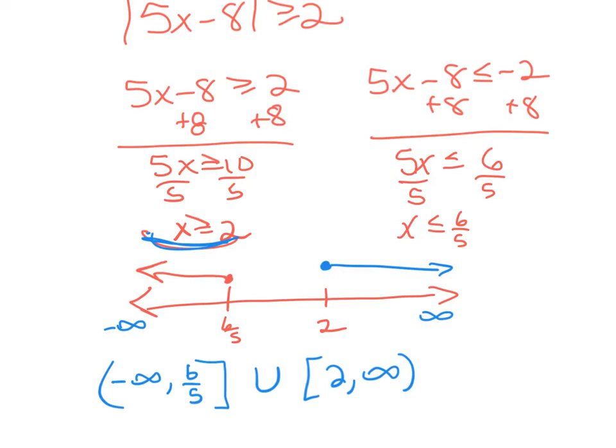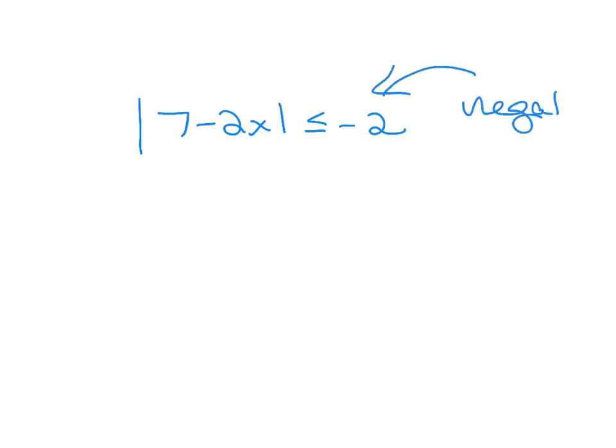Let's try one more absolute value: |7 − 2x| ≤ −2. Again, remember, whenever your absolute value is already isolated, if this number is negative, you need to stop and think.